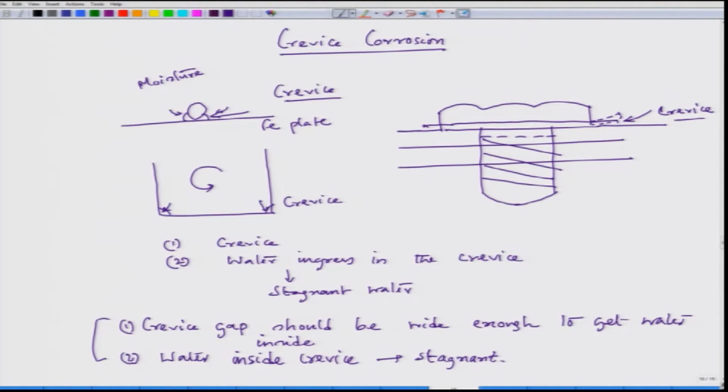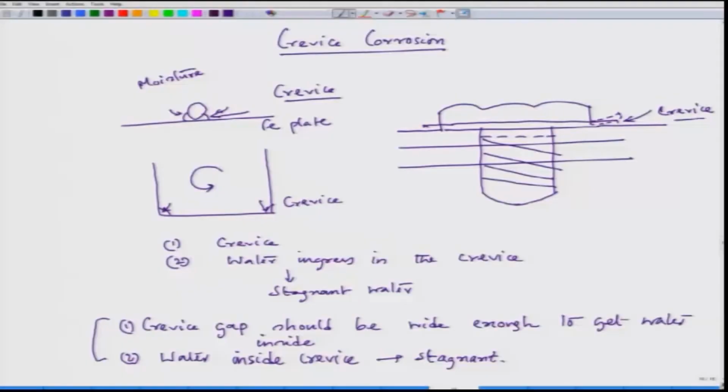The rate at which dissolution takes place in that region would be so high that the surrounding region might look very clean, but there could be corrosion in the depth direction. That means a small gap forms, and that corrosion point can progress towards the depth.